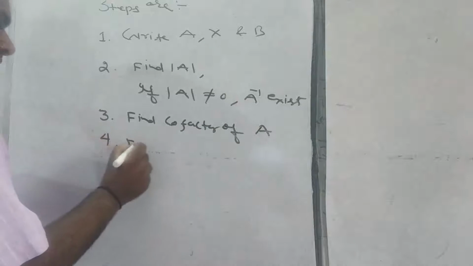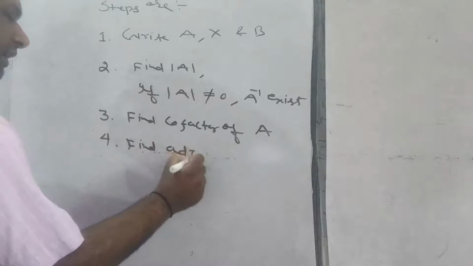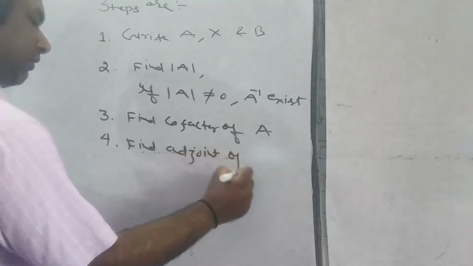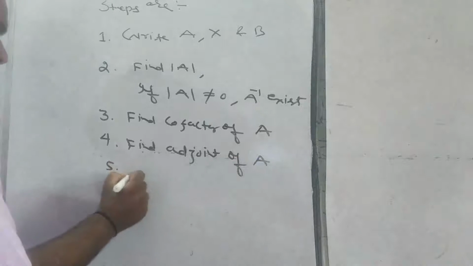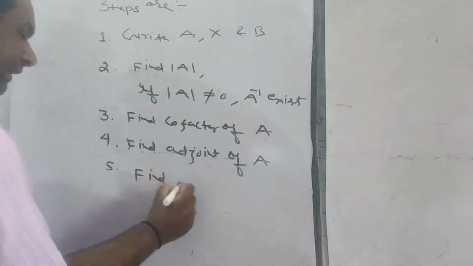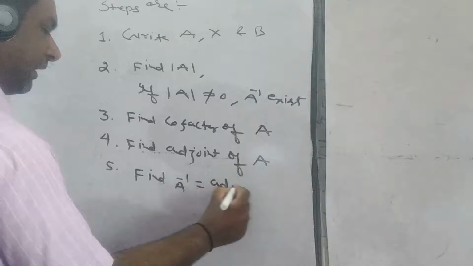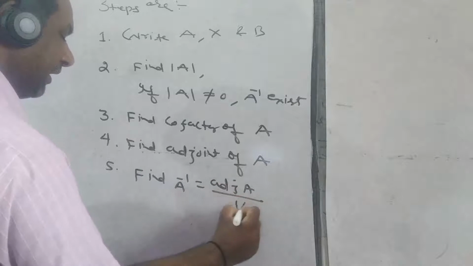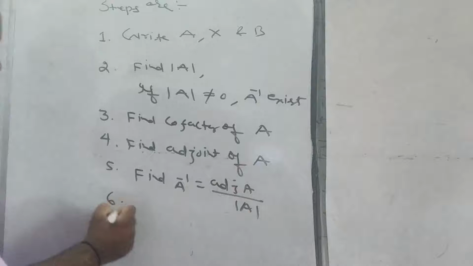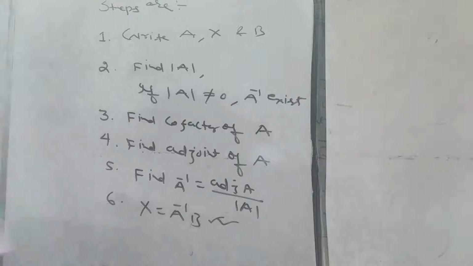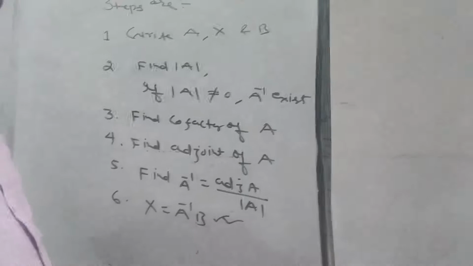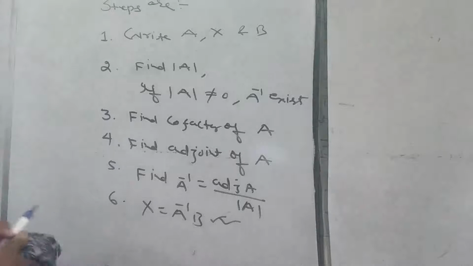Fourth, find the adjoint of capital A. Fifth, find A inverse by using the formula adjoint A by determinant A. Sixth, find X is equal to A inverse into B. These are the 6 steps that you require to solve any given system of linear equations.